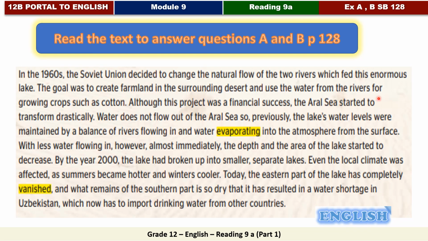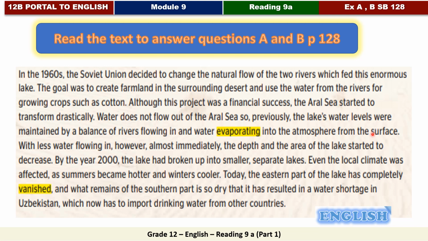Now you are going to read the text to answer questions A and B, page 128. Of course, question A is to see whether you have guessed right or not. And in question B, you are going to read the text and try to find the appropriate title.